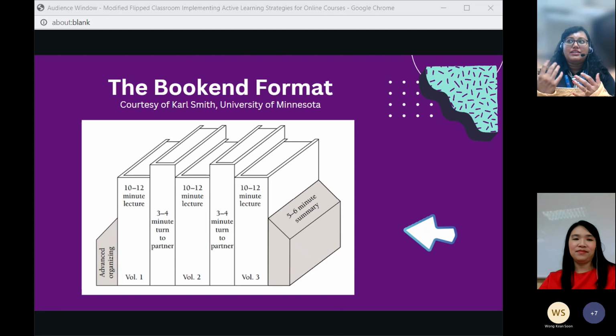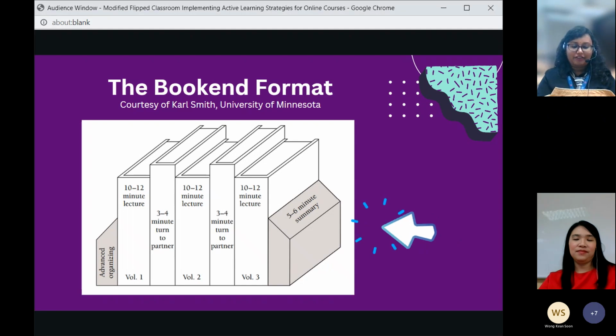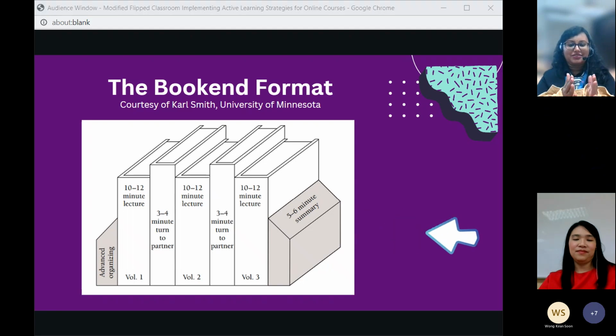So it is always good to follow this bookend format. Don't get carried away lecturing for half an hour or 1 hour straight. Do partitioned, segmented sessions so that you can take a break for yourself and ask them to do some questions, activities, and so on in class.